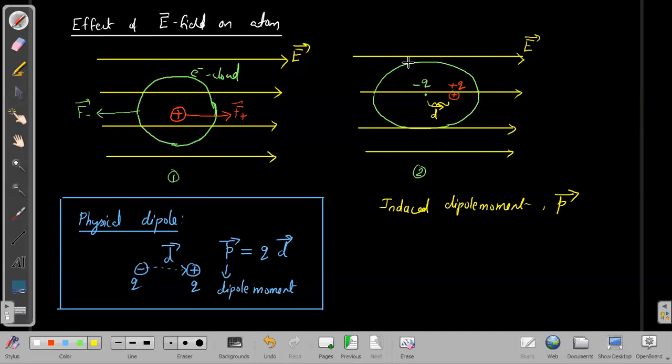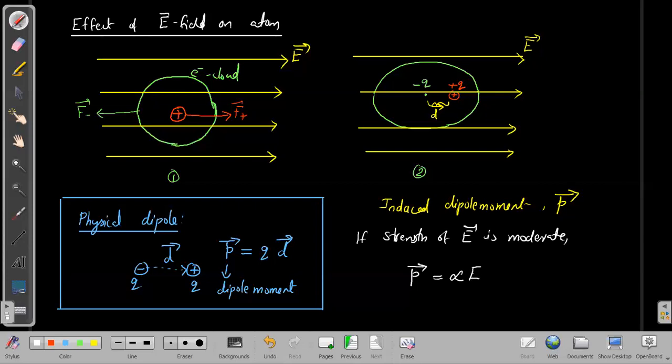But if the strength of the electric field is moderate, then the induced dipole moment would be proportional to the applied electric field, and I can write this as an equation by introducing a proportionality constant, denoted alpha.